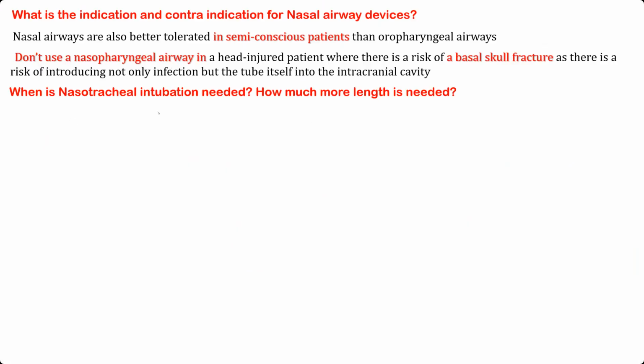When is nasotracheal intubation needed? How much more length of the endotracheal tube is needed? What are the indications for nasotracheal intubation? All of you would have seen many cases being operated with a nasal intubation. Commonly in difficult airway, OFMS surgery, awake fiberoptic intubation. Adenotonsillectomy is a very common thing.